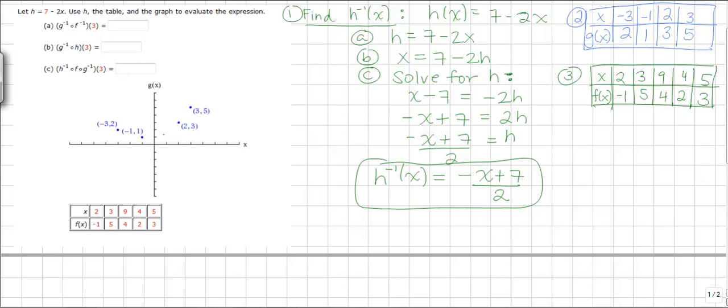Now here's the point. If I have a table for g, then I automatically have a table for g inverse by exchanging the ordered pairs. So if g of negative 3 is 2, then g inverse of 2 is negative 3, and so forth.